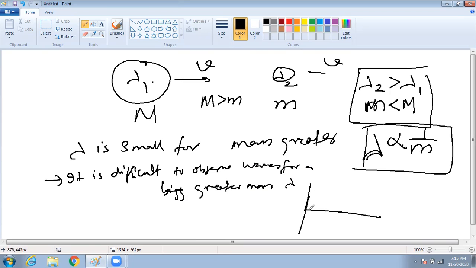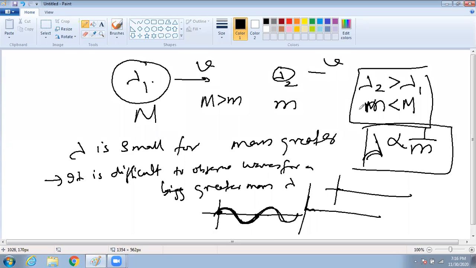Maybe your lambda will be something like this small. Generally I can measure a wave. One wavelength is one wave, this one is one wave. Again, this is one wave. Here you can see very feeble, very small. So for bigger objects, it is difficult to observe lambda because lambda is very, very small.